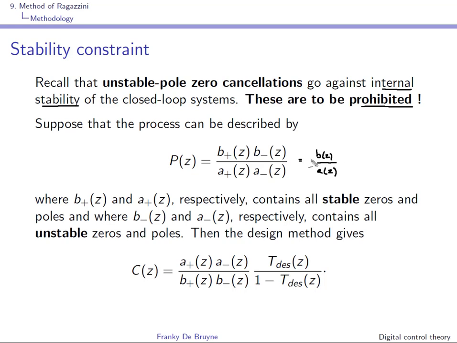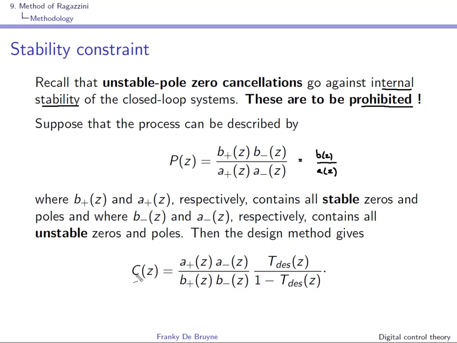For instance, we factor b as b plus, with all zeros inside the unit circle, and b minus, with zeros outside the unit circle, and we do something similar for the polynomial a of z.